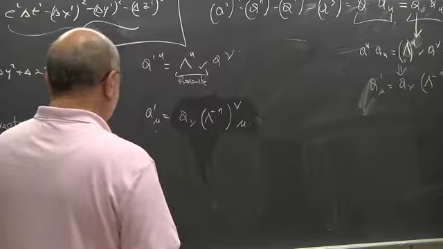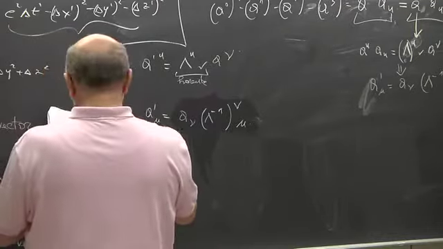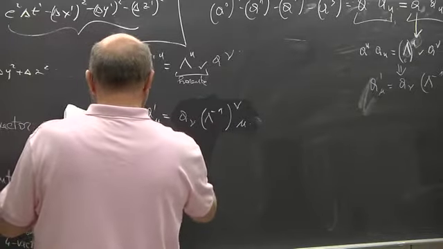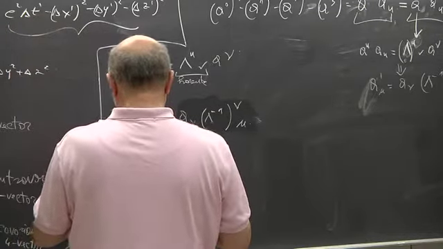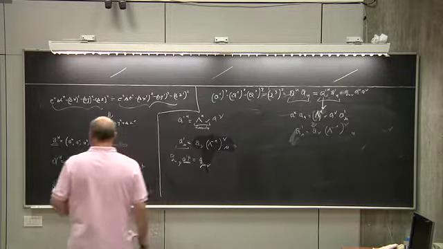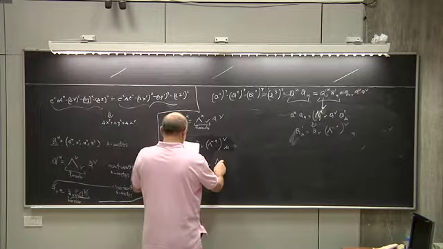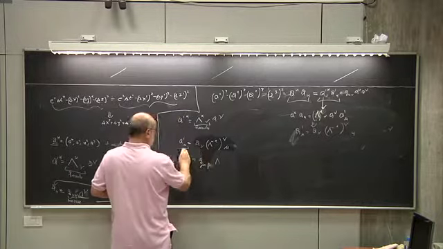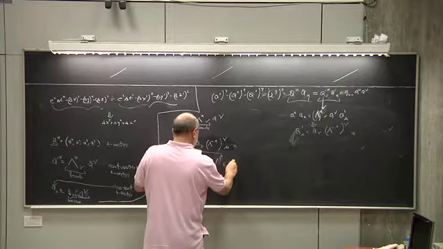Well, we can write this object using the metric, if you like, as g_μρ A'^ρ, okay? And we know how this transforms. It transforms in this manner: g_μρ Λ^ρ_σ A^σ.